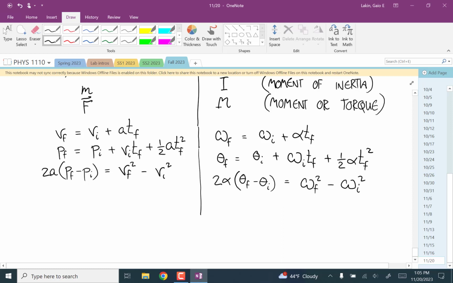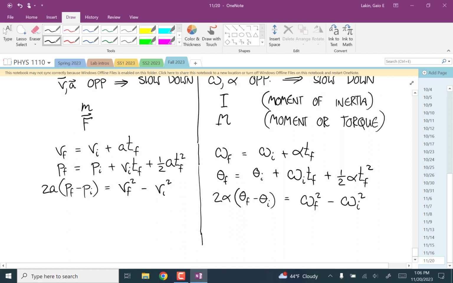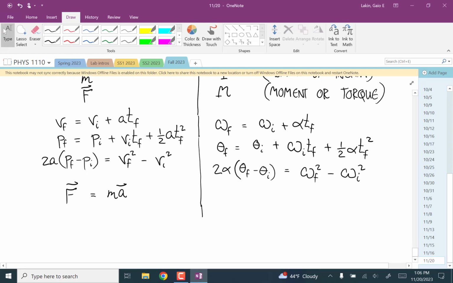And then the last equation that we're going to get to is, for translational, the thing that causes accelerations is equal to an object's resistance to acceleration times the acceleration vector. For angular quantities, the thing that causes angular acceleration is equal to the object's resistance to rotation times the angular acceleration.